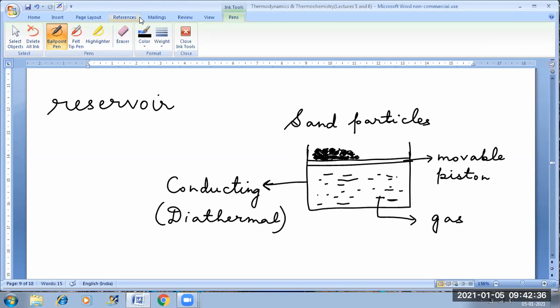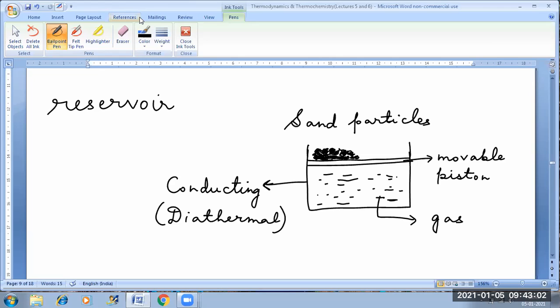Similarly, if I am releasing heat to the surroundings, let's say some reaction has occurred and heat has been given out, will I say that the surroundings have become hotter now? No, I won't. It is an infinite thermal reservoir, so the temperature of the surroundings is not going to change.